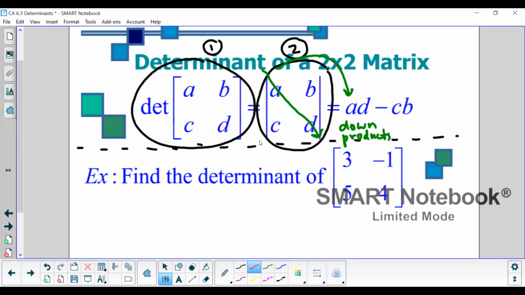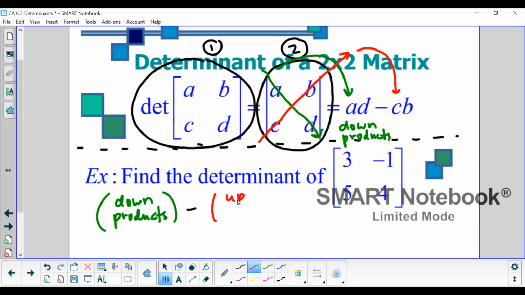So starting from the bottom and going up on a diagonal is C times B. So you're going to take the diagonal going down, starting upper left, going down to the bottom right, multiply those, and subtract the up diagonal. So it's the down products minus the up products.